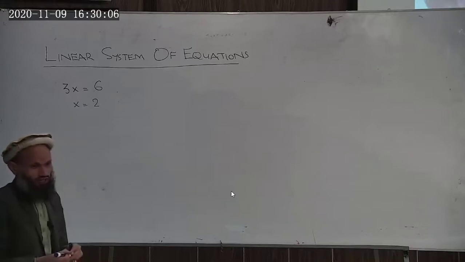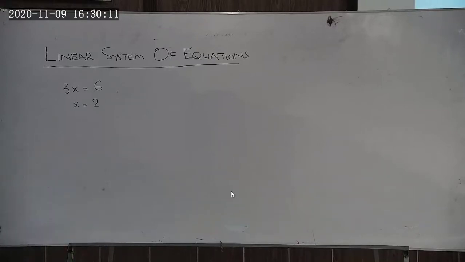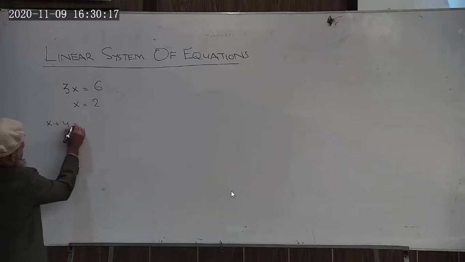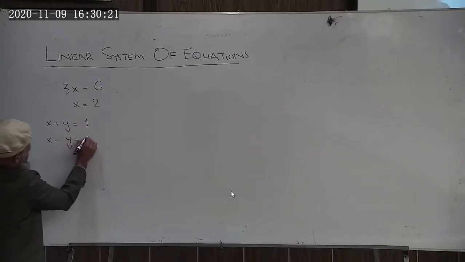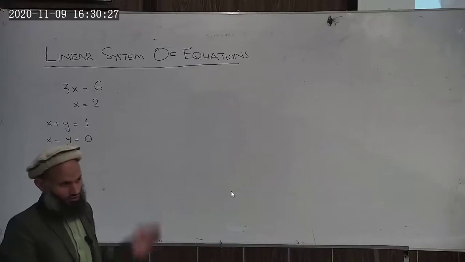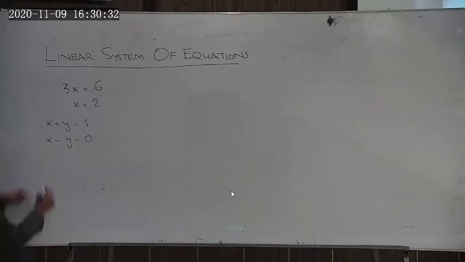Similarly, if we have equations in two variables, for example, if we want to solve x plus y is equal to 1, x minus y is equal to 0, we have two equations in two variables. You know the procedure for the solution.